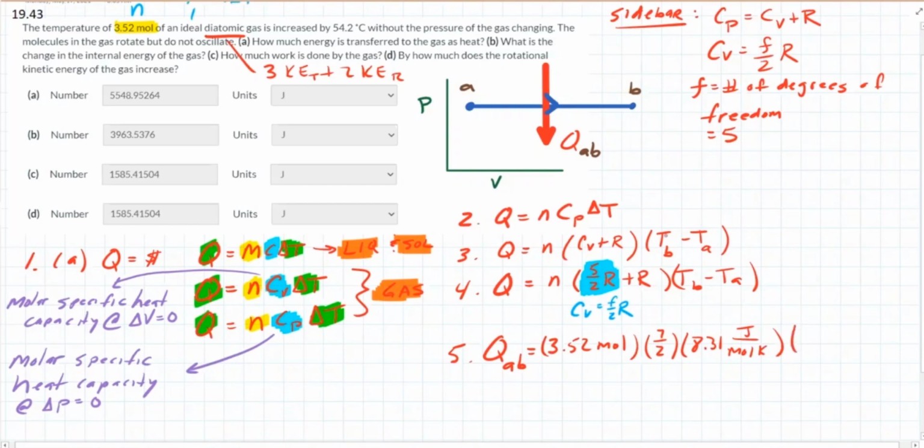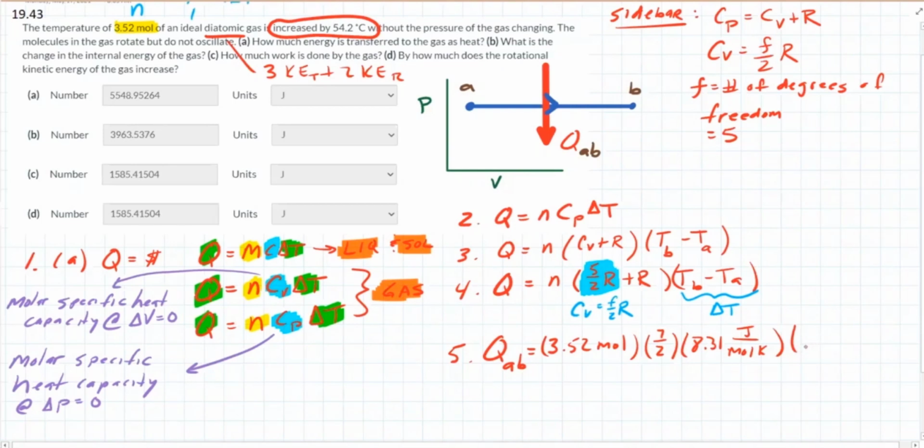And maybe I could have left this as delta T because I know that this is delta T. I don't know the final or initial temperature, but I do know delta T, which is going to be really important. My question statement says this system increased by 54.2 degrees Celsius.